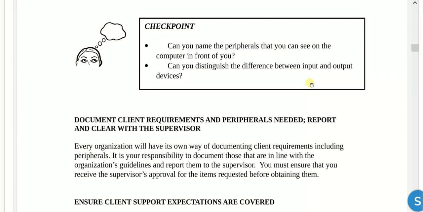Examples of input devices are keyboard, microphone, webcam. Output devices would be like speaker, monitor, printer. Okay, now I have a better understanding of it. So I am able to distinguish for myself now.